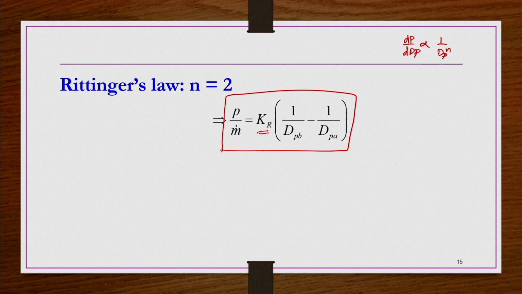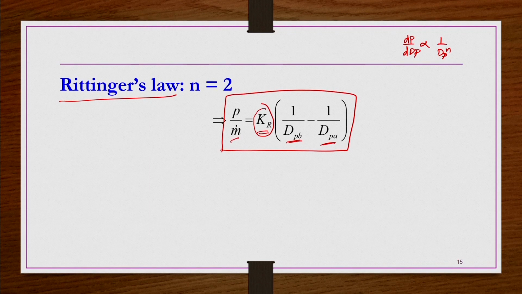If you substitute n equals 2 in this particular equation, whatever crushing law that you get is known as the Rittinger's law, and then after integration you substitute the limits. So, you will get that constant Kr, which is known as the Rittinger's constant, and it is a dimensional quantity. It is not dimensionless, it has some dimension. And here dPb is the average size of the particle in the product, that is after the size reduction, the average size of that product is dPb, and dPa is the average size of the feed.